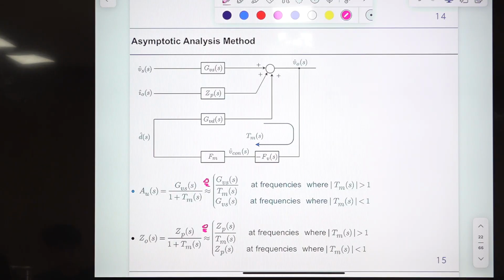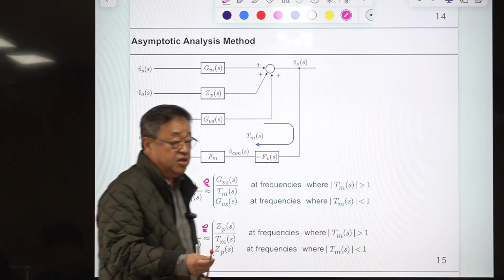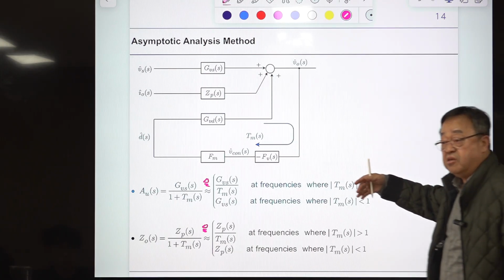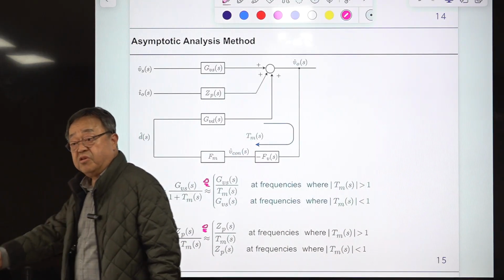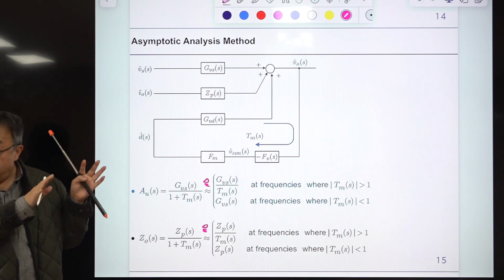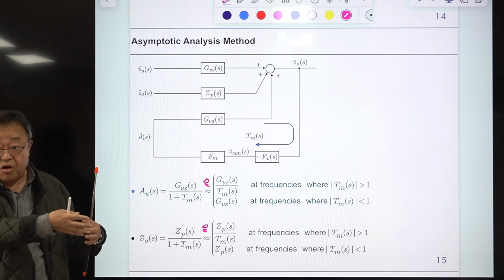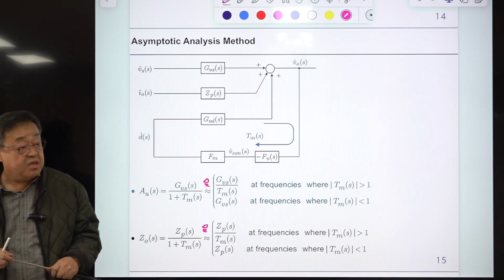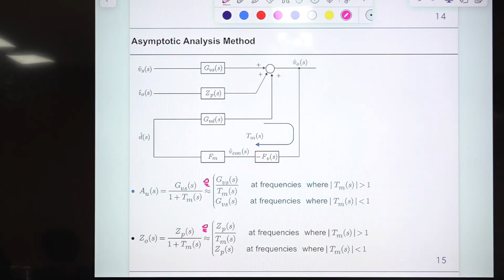So these are the basics, fundamentals, concepts, and some examples of the asymptotic analysis method. I think you have been using this approach in the past, okay, without knowing it, right? So this time we formalize this, we give it the name asymptotic analysis, and we try to apply this procedure to arbitrarily complicated systems, okay, without any hesitation. That is the purpose of this, okay? All right. So this is the end of these things.